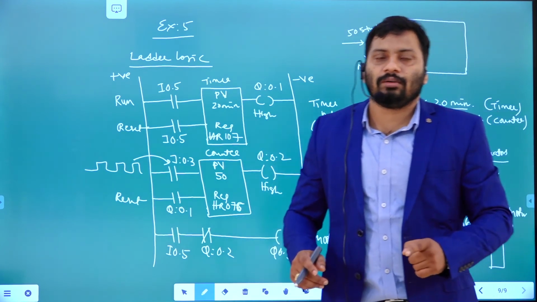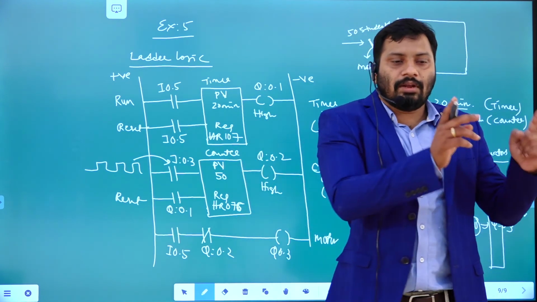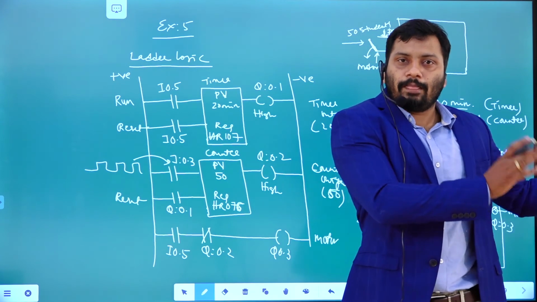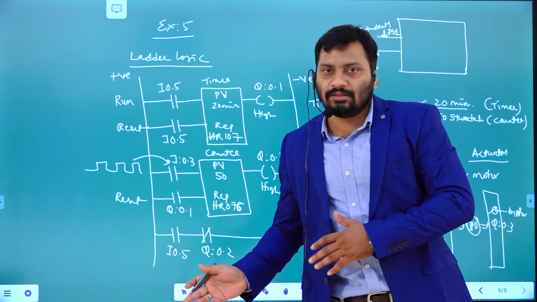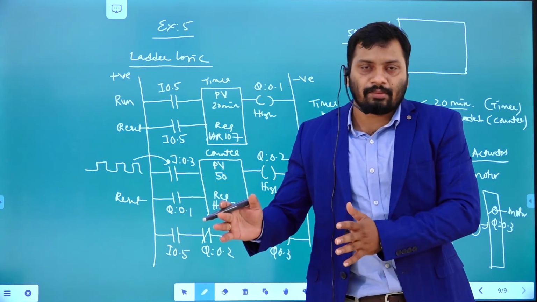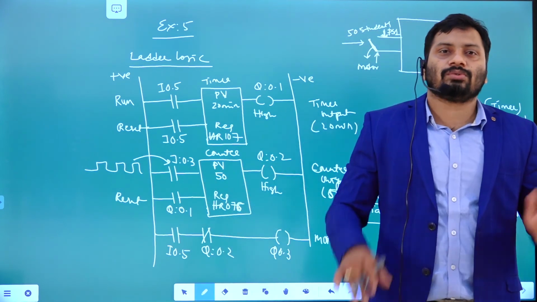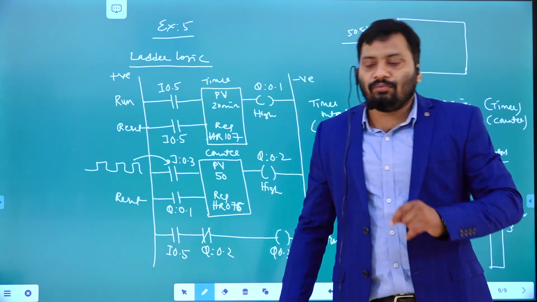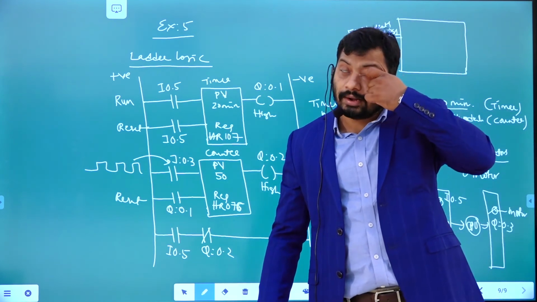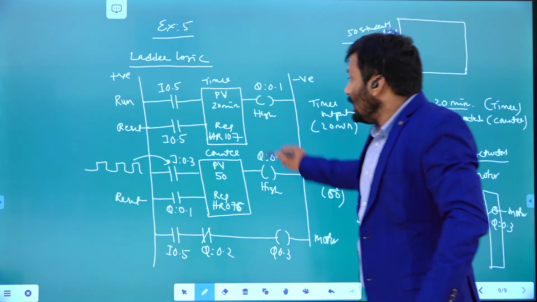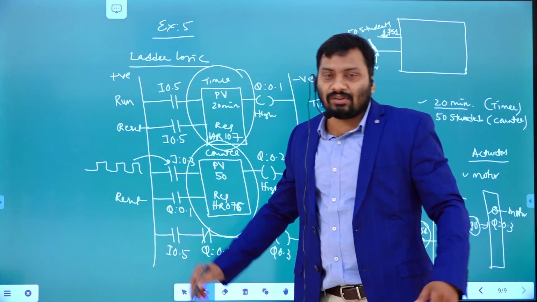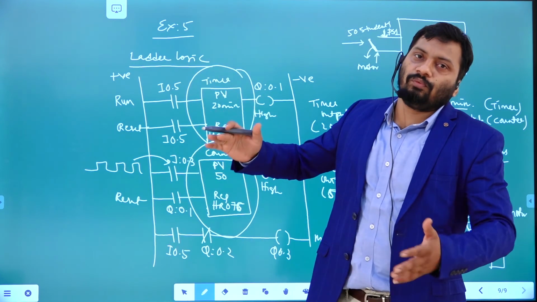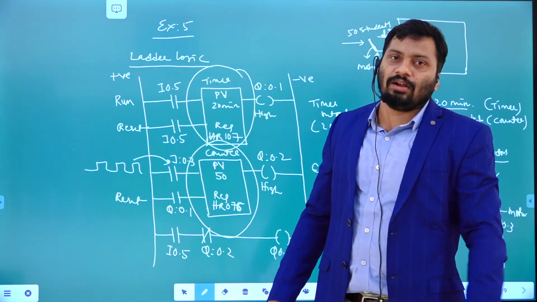The first example is: count, then maintain some time, and then output. The operation is like that. In the second example, wait some time, then count, then do something. So for any application you consider, you can write a program. My intention is to show how you are going to use timers and counters individually as well as together for different applications.